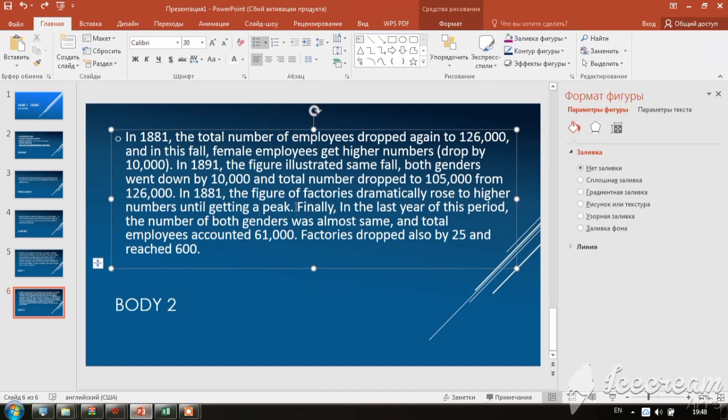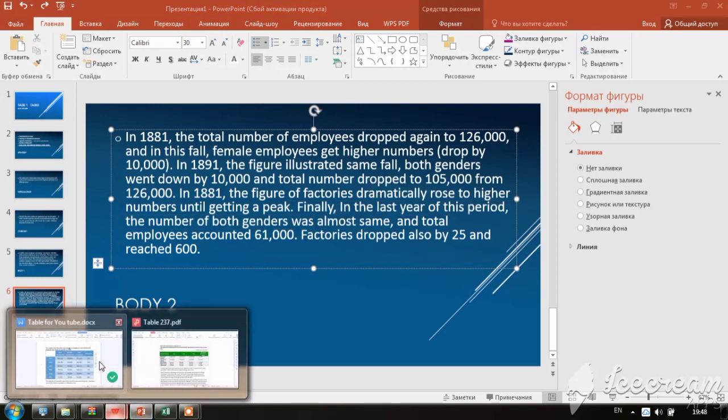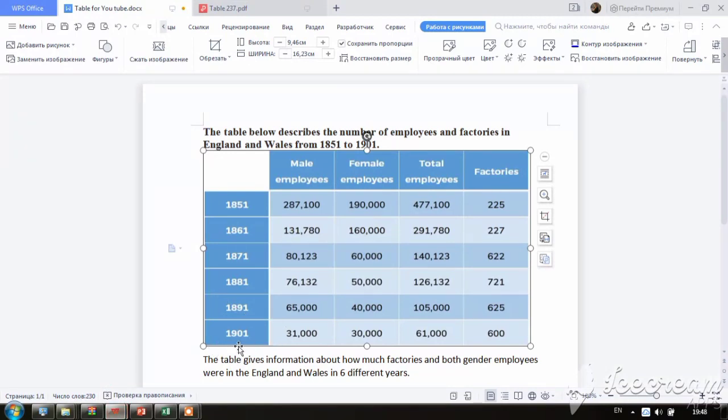So let's go to our essay, to our second body paragraph.